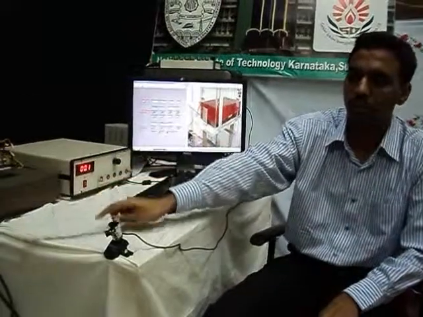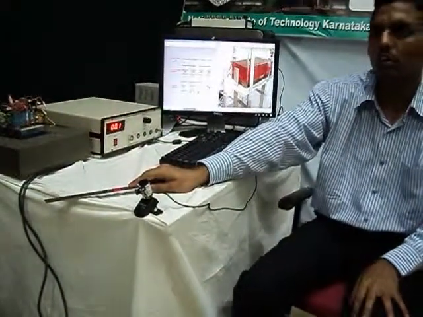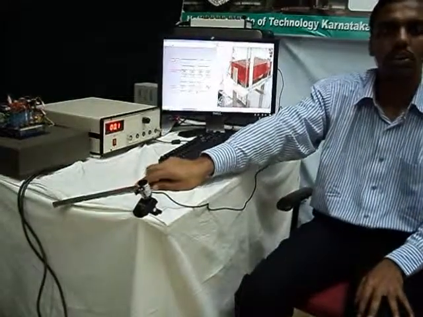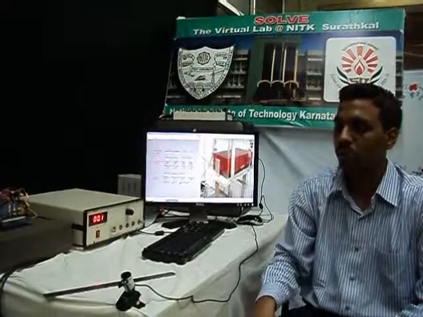And the last experiment is PWM control, in which we can control the pulse width modulation. Pulse width modulation is an essential means of transmitting information in a series of pulses. The information to be transmitted is encoded on the width of the pulse, and in that form it is transmitted.